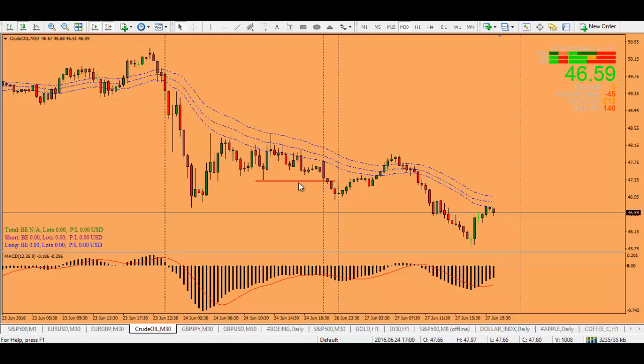Sorry, this is our swing low. So when the market enters the cloud, we want the market to break below the recent swing low, and the stop loss is going to go above the swing high here. We will enter a short trade on a pullback into the cloud.